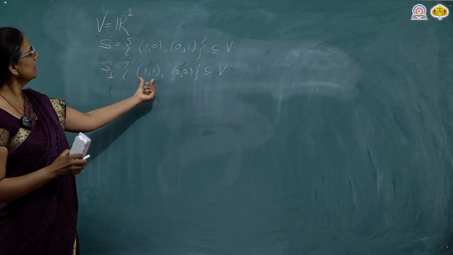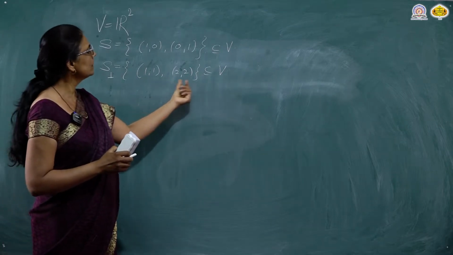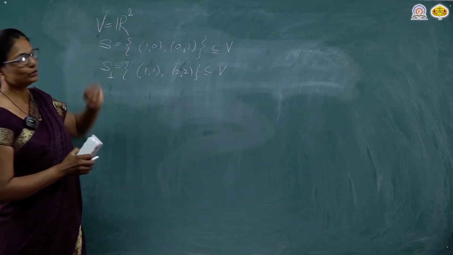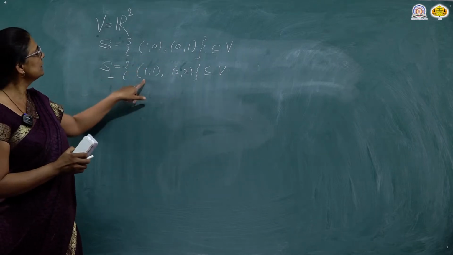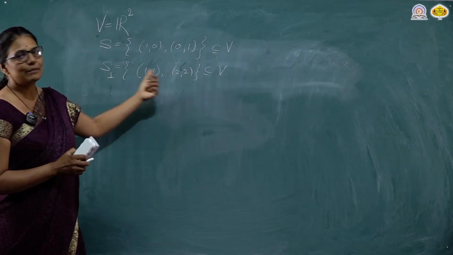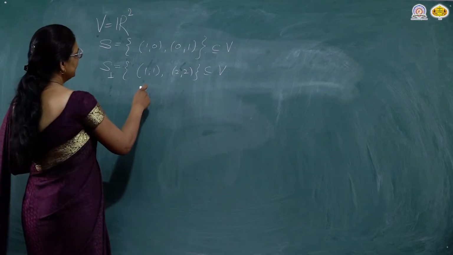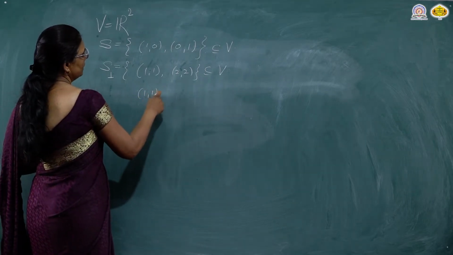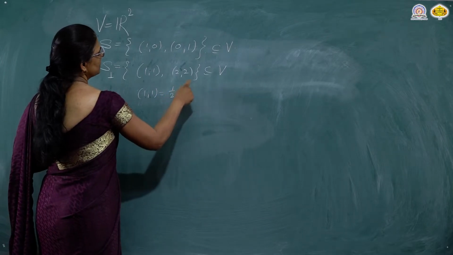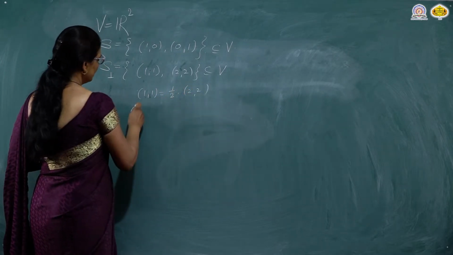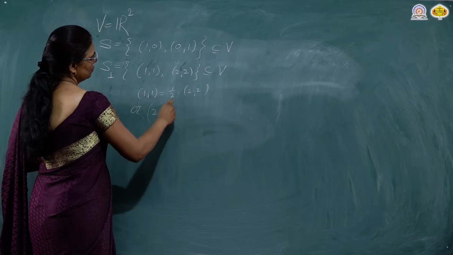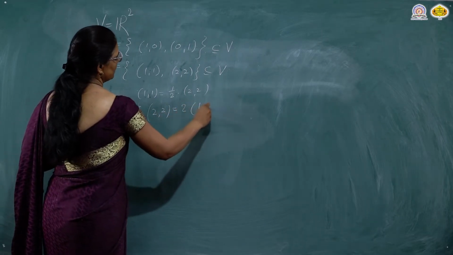S1 is the set containing two vectors (1, 1) and (2, 2). It is a subset of V, that is R2. So, you can easily observe here that one vector can be expressed in terms of the other. That is, I can write the first vector (1, 1) as half times (2, 2), or the vector (2, 2) can be expressed as 2 times (1, 1).